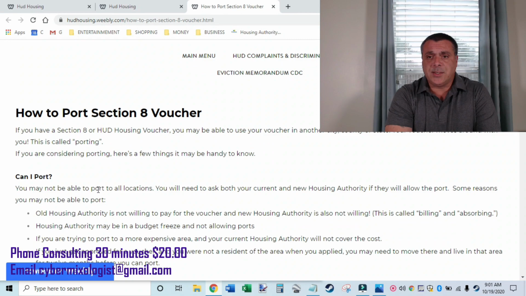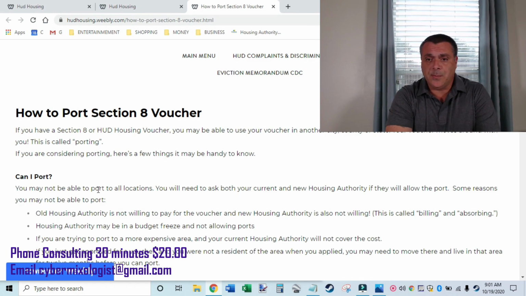So if you were to move somewhere where that voucher would be worth a whole lot less, then it wouldn't be a problem. However, if you lived somewhere in a cornfield in Ohio, and you had a voucher there, and you tried to move to, say, New York, then there would be a big difference in the value of the voucher. That's why it's important to contact the other housing authority to figure out whether or not they would be able to increase the value.